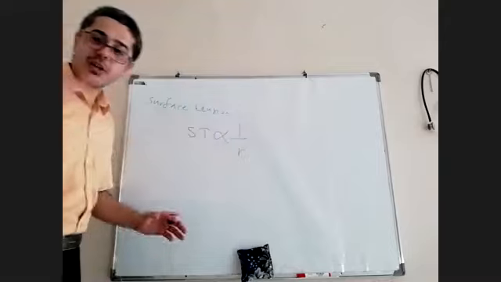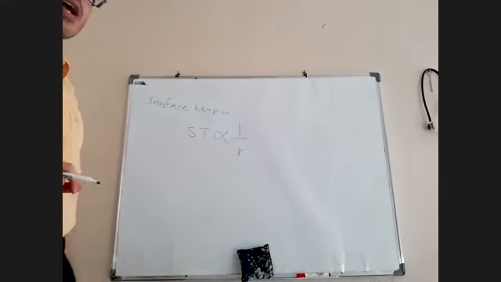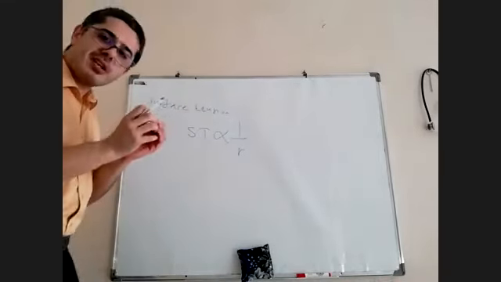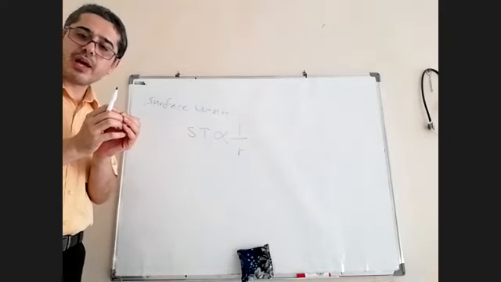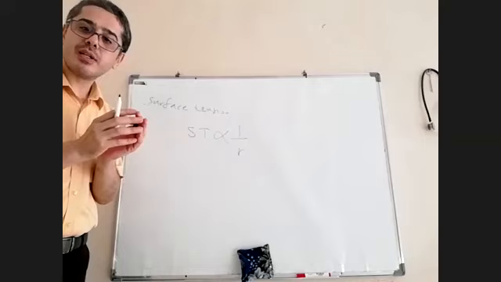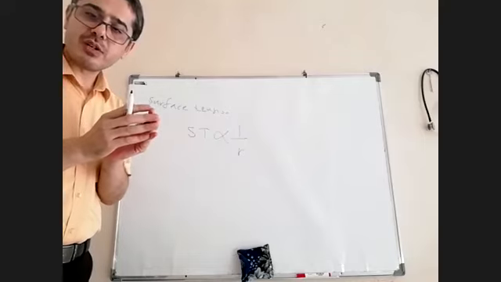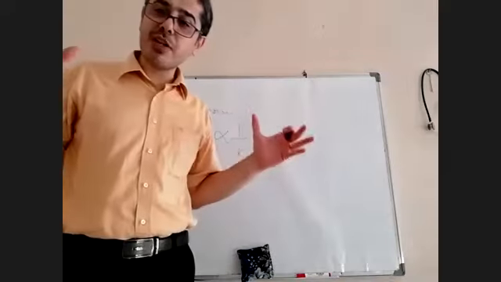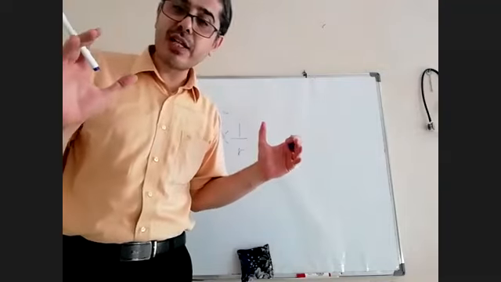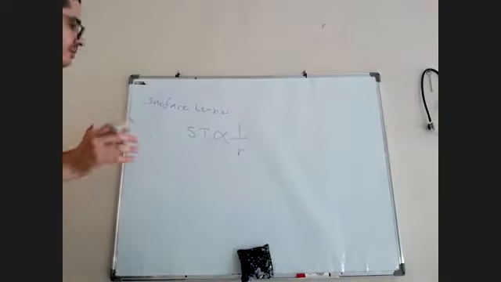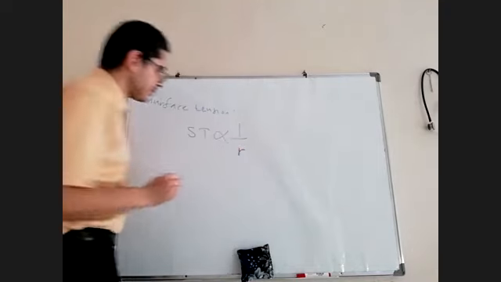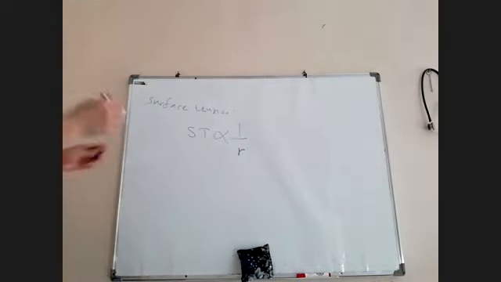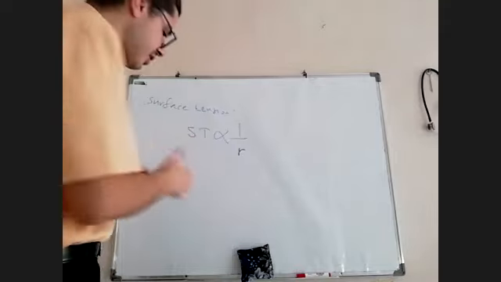When I have less diameter, what will I have? I have more surface tension. If I have more diameter, I have less surface tension. So this is regarding the surface tension.